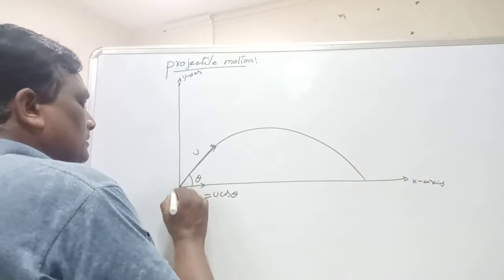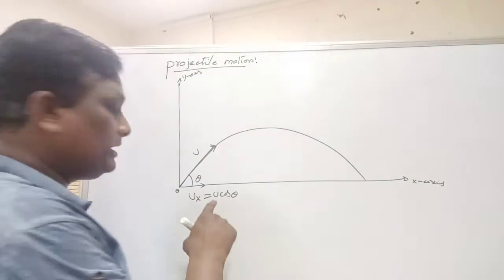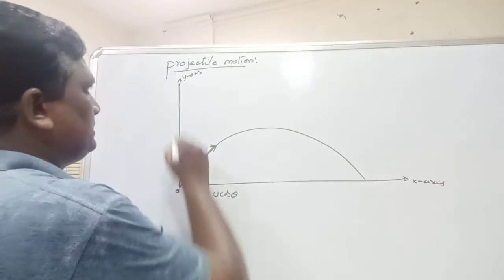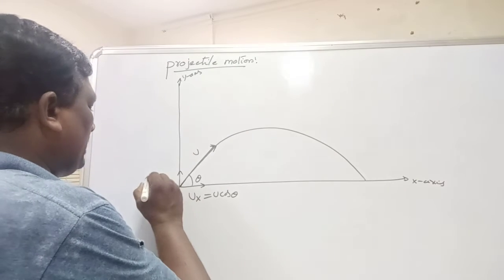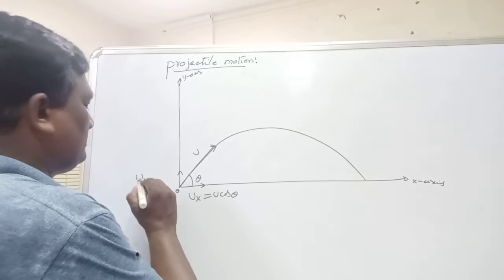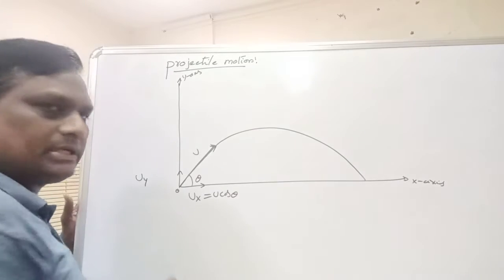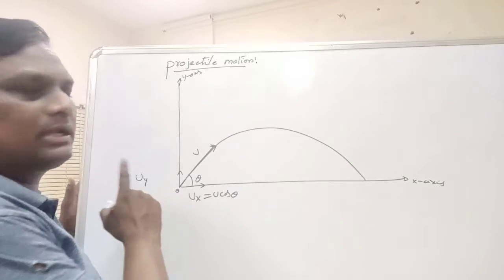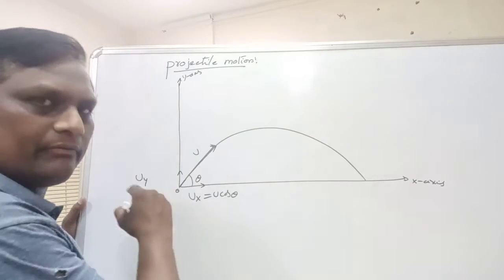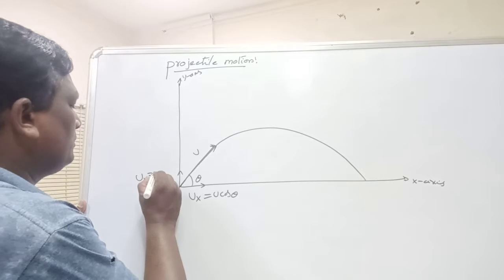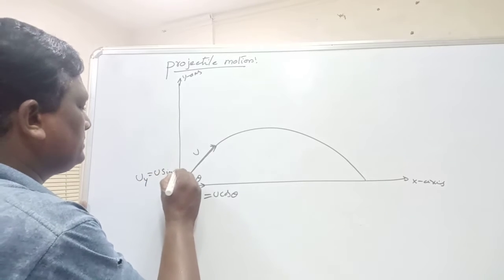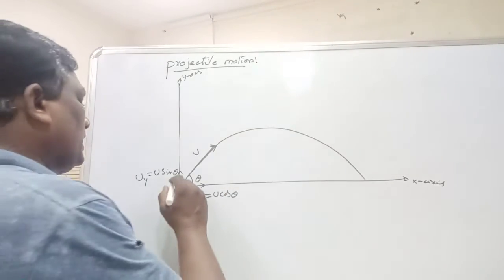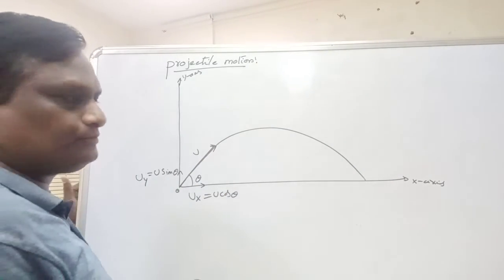And along vertical, the initial vertical velocity uy, that is along the y axis, is equal to u sin theta. So initial horizontal velocity is u cos theta and initial vertical velocity is u sin theta.